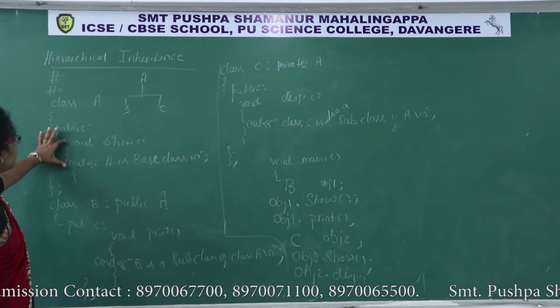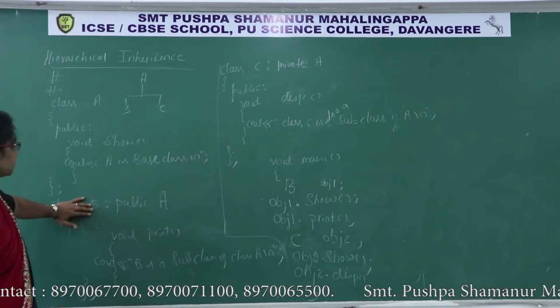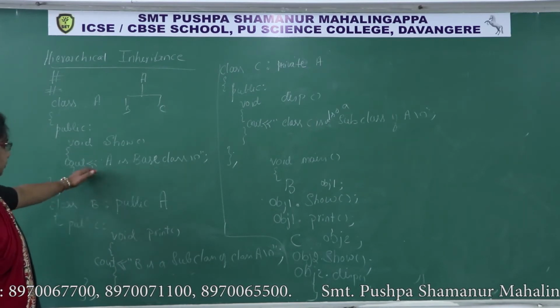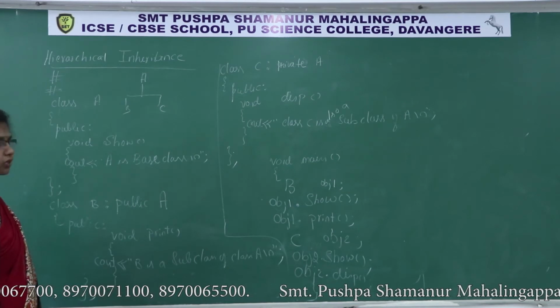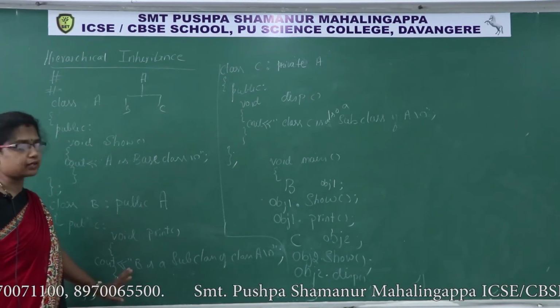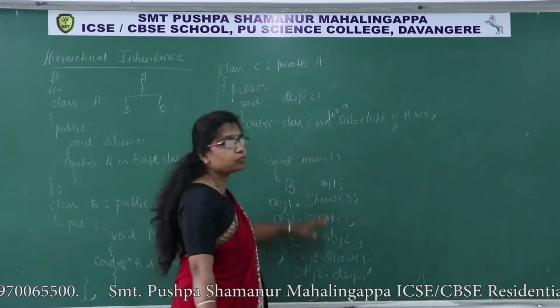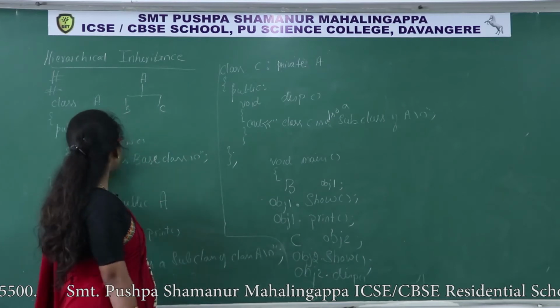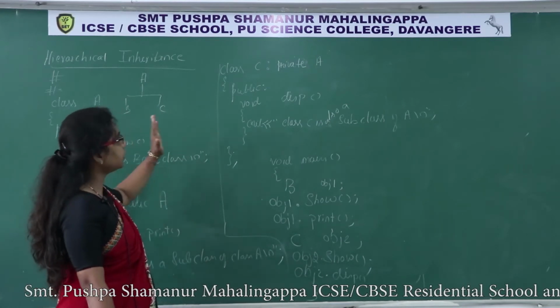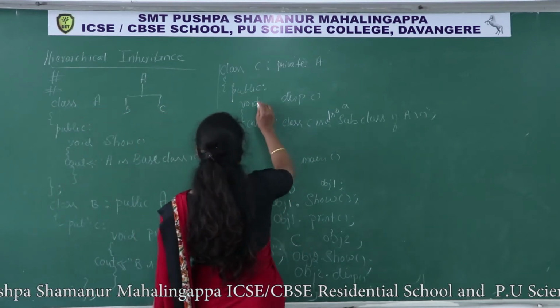See here, in the public section of the base class there is a member function. Class B is inherited in a public mode. The public members are inherited to the public section of the derived class. Now class C is inherited in a private mode. Base class public members are inherited to the private section of the derived class. Here I must write the access specifier.